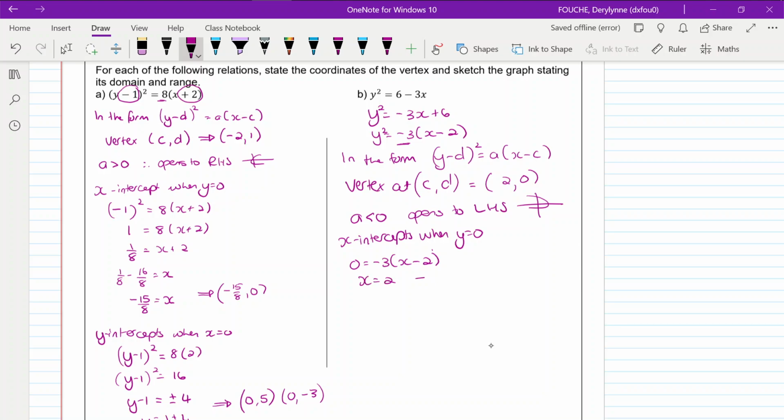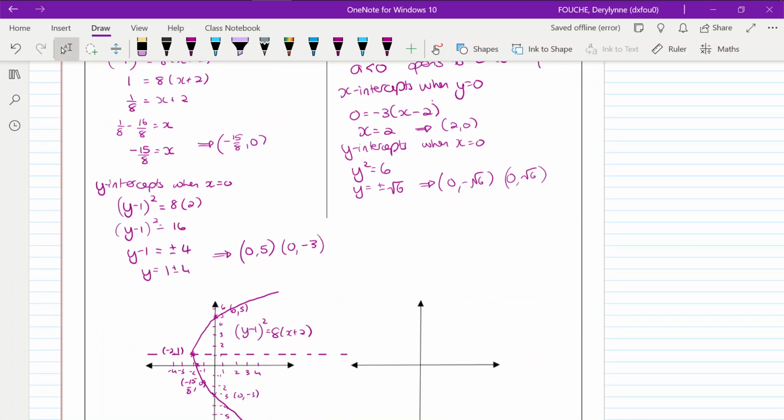And so at x equals 2, we have an x-intercept. And our y-intercepts, when x equals 0, we have that y squared is going to be 6. So y will be plus or minus square root of 6. So then we have 0, negative root 6, and 0, positive root 6.